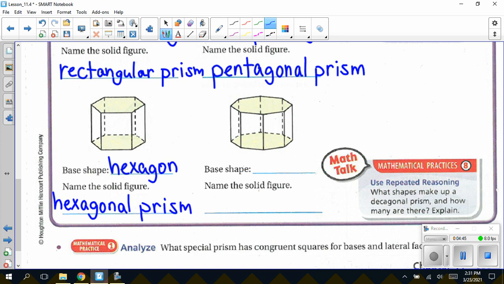And finally, the last prism that we are going to talk about. Notice if you count up all of the sides of the bases, you have 8 sides, which does make it an octagon. So the prism name is octagonal prism.